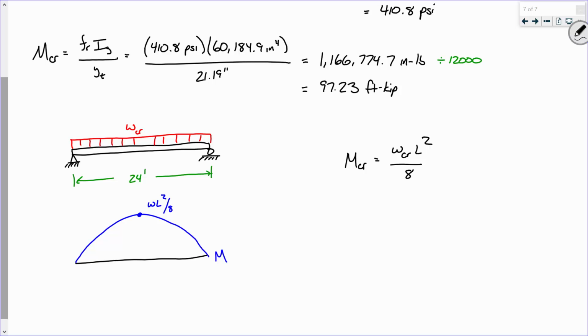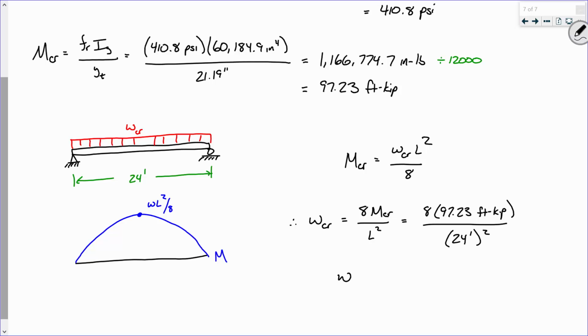So solving for the load, we would get the cracking load is 8 MCR over L squared. Everybody see how I did that? Multiply the 8 over, divide by the L squared. So that's going to be 8 times 97.23 foot kips divided by 24 feet squared.